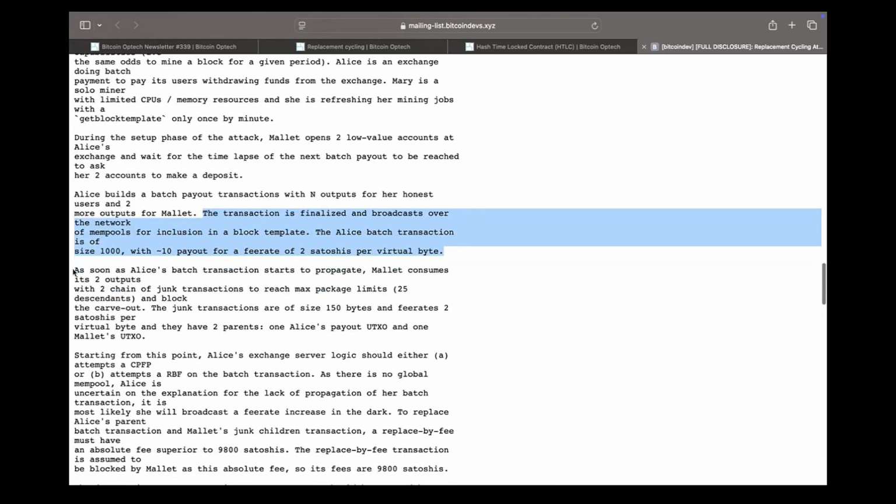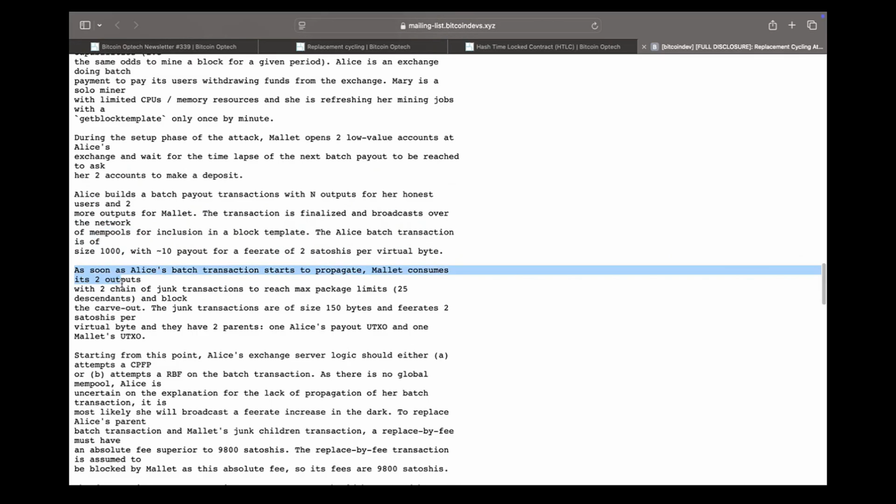As soon as Alice's batch transaction starts to propagate, Mallet consumes its two outputs with two chains of junk transactions to reach max package limits, 25 descendants, and block the carve out, right? So now what happens is that in Bitcoin, most of you must be aware that an unconfirmed transaction can have an unconfirmed child, right?